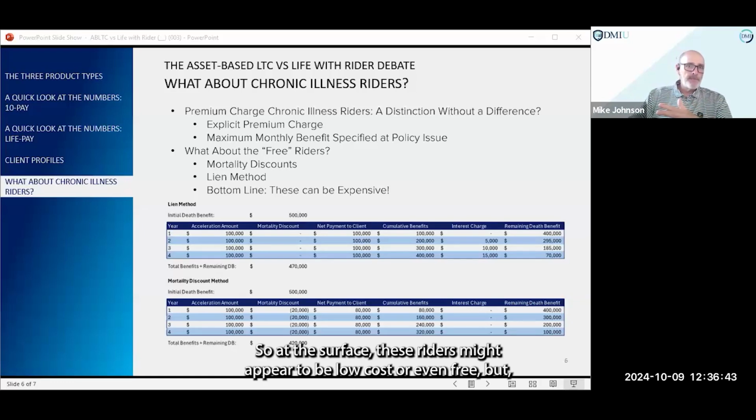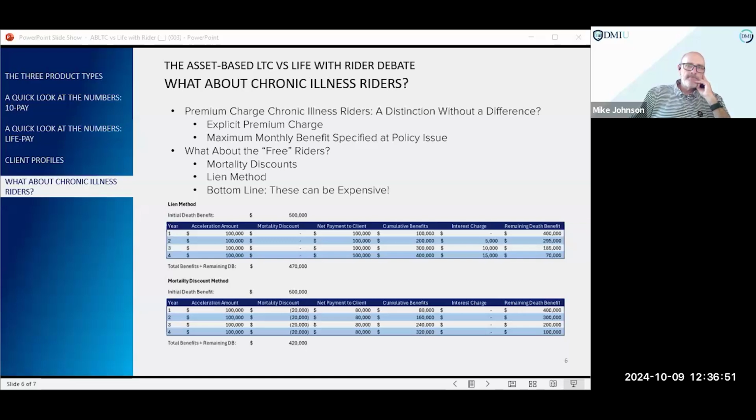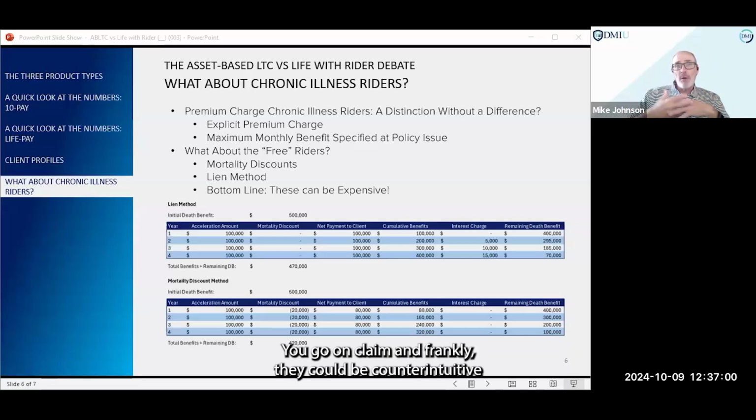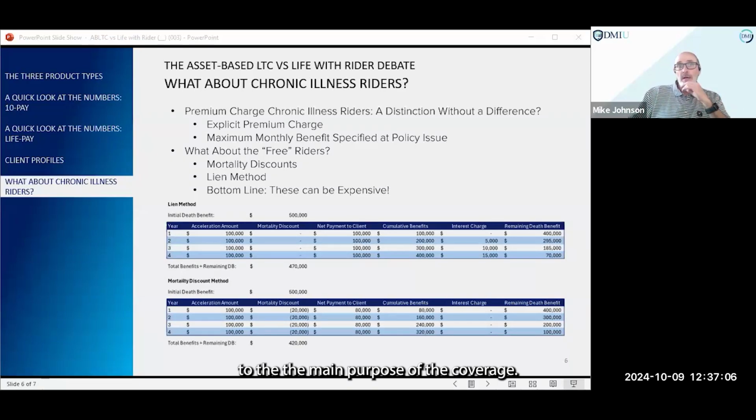So at the surface, these riders might appear to be low cost or even free, but both of these riders can be quite expensive. As I mentioned before, they can be difficult to predict, right? Because you're not exactly sure what you'd be receiving at the time you go on claim. And frankly, they could be counterintuitive to the main purpose of the coverage, and that's to leverage that death benefit first and foremost.